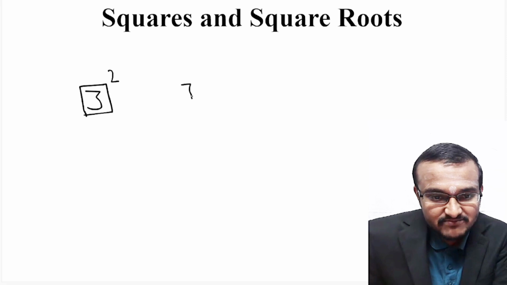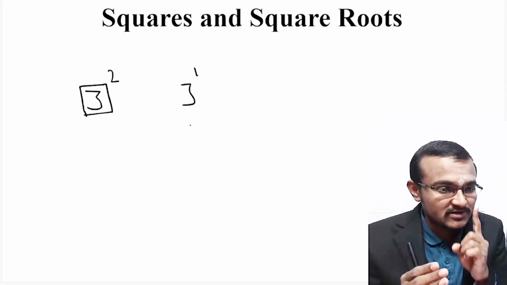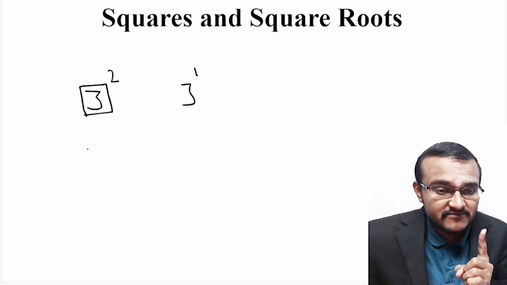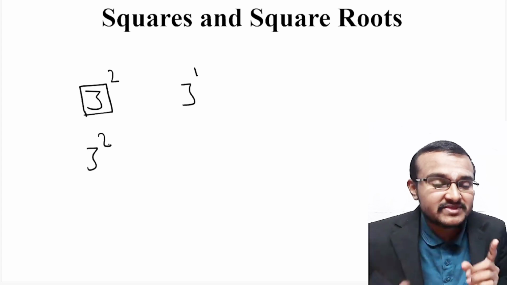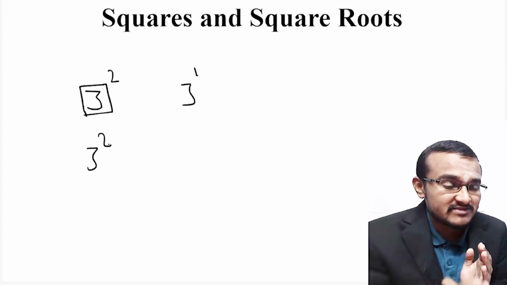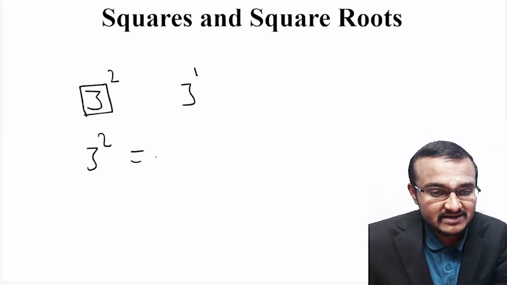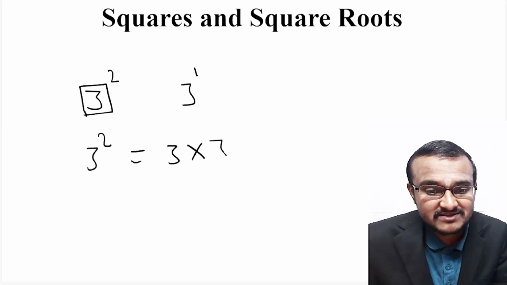For example, if I write 3 power 1, then the strength of this 3 is only one. Now if I write 3 square, that means the strength of this number is 2 times, so the same number should be multiplied 2 times. That means 3 should be multiplied with 3.